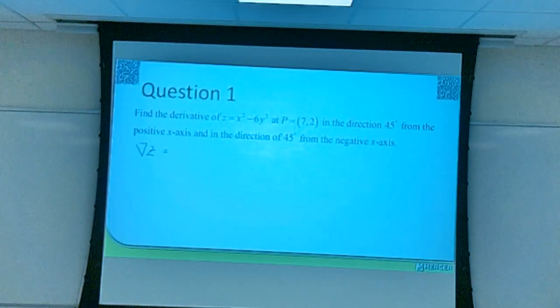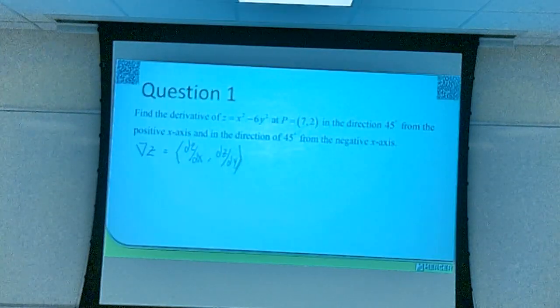First thing I'm going to calculate is the gradient, so I'm going to need it. By definition, it's not that, sorry. That, partial z, partial x, partial z, partial y.